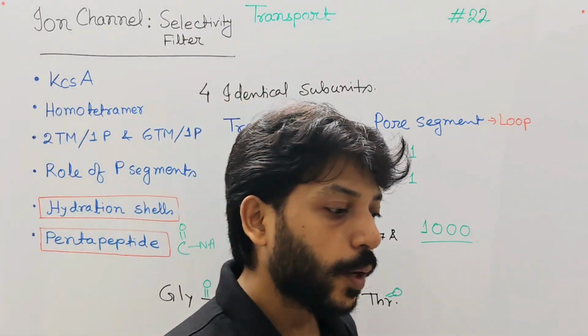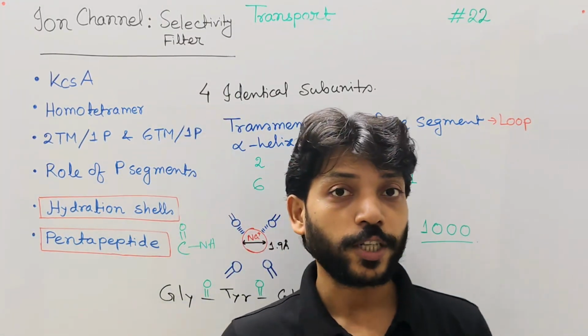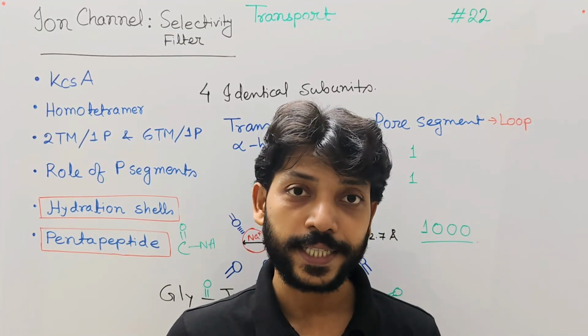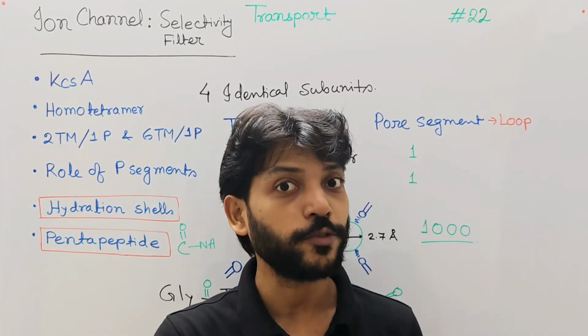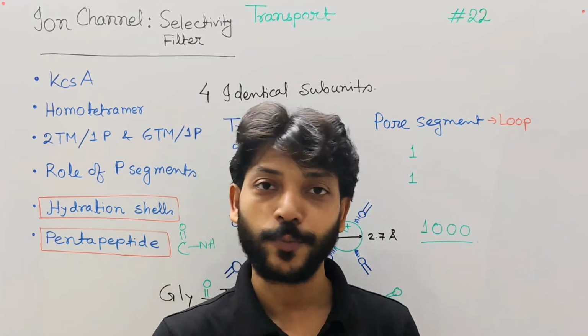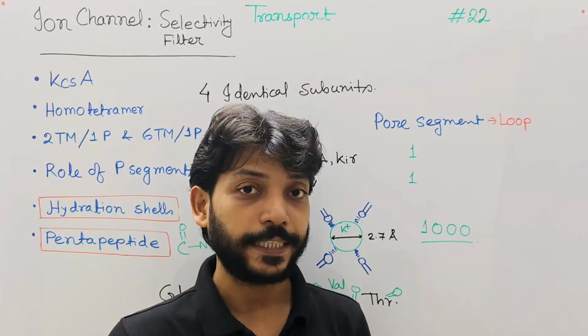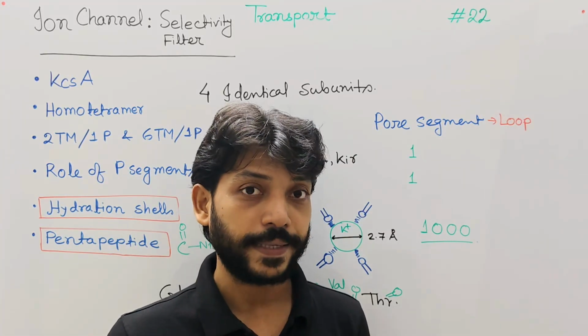Now, in 2011, the structure of the sodium ion channel was also discovered, and how selectivity is achieved for sodium ions, because sodium ion channels allow sodium ions, not potassium, calcium, or any other ions. So they also determined how this selectivity is achieved.